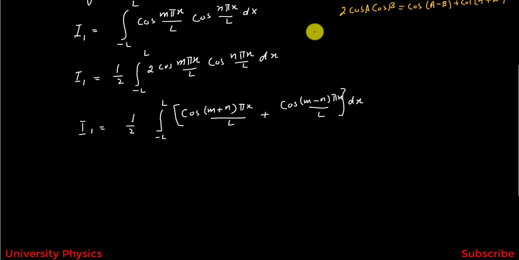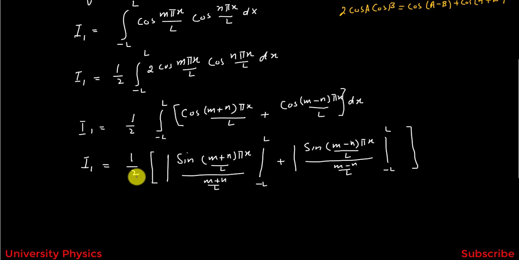So after integration we will get I1 is equal to half of sin((m plus n) pi x over L) divided by (m plus n) pi over L, with limits from minus L to plus L, plus sin((m minus n) pi x over L) divided by (m minus n) pi over L, from minus L to plus L. Here, if we look at this equation, m plus n and m minus n are integers, and we know that sin of n pi is equal to 0.